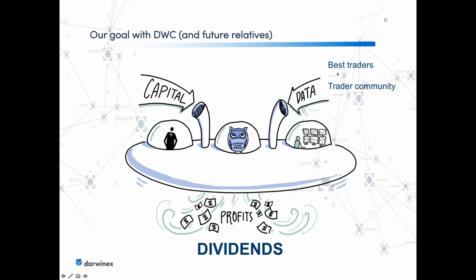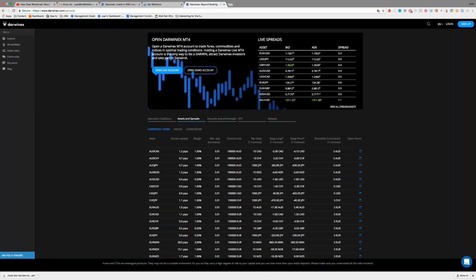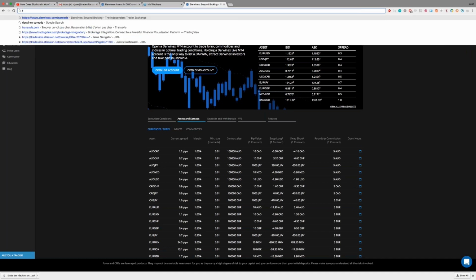The best traders choose to publish their strategies with a broker that protects their intellectual property and rewards it. And also because everybody wants to be like the best traders. So you can see here, the numbers are growing. So let's just have a quick look.